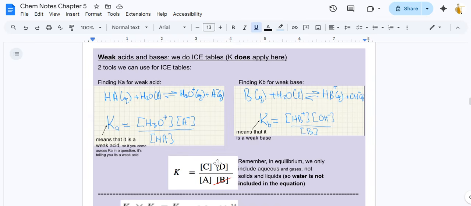So it's the aqueous products over the aqueous reactants. So for this equation, for example, it'll be these two over that. For this example, it'll be these two over that.